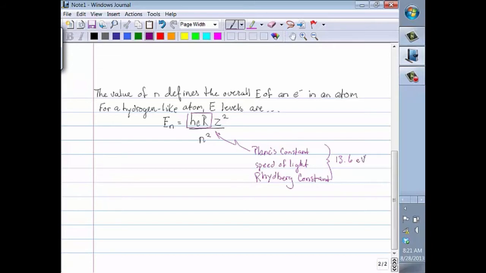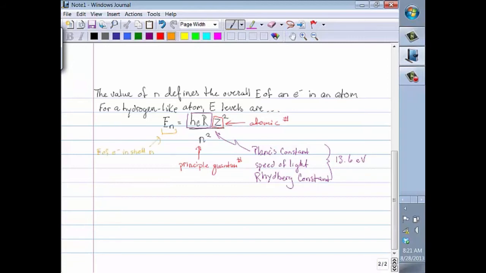It's a lot easier to remember that those three together are 13.6 electron volts than to memorize all of the different constants. This Z is the atomic number, or the charge. n is the principal quantum number, and the E here is the energy of an electron in shell n.